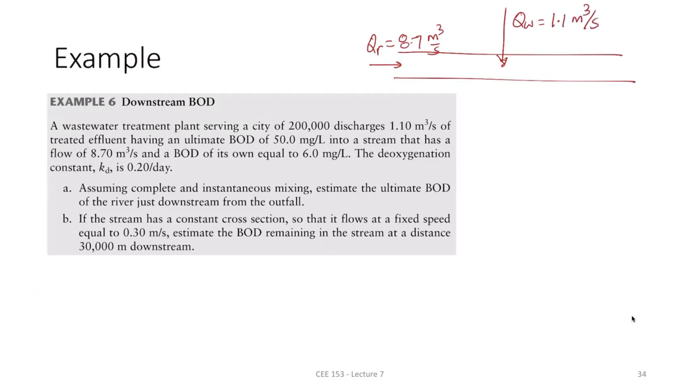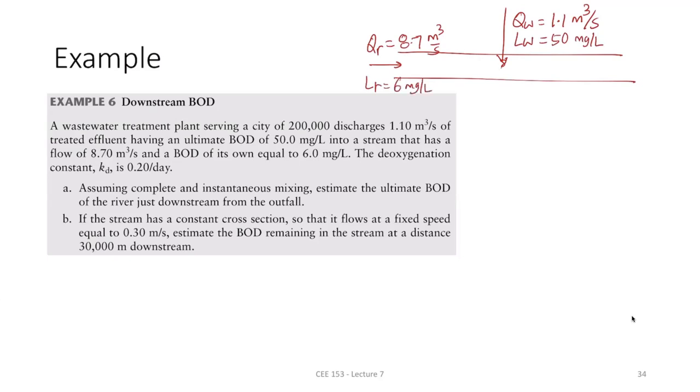And we know the BOD concentration, so we can write LW is 50 milligram per liter. And we also know that the BOD concentration in the river water, L river, is 6 milligram per liter.